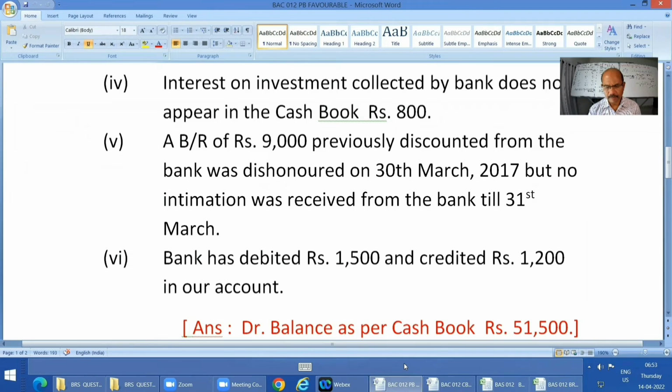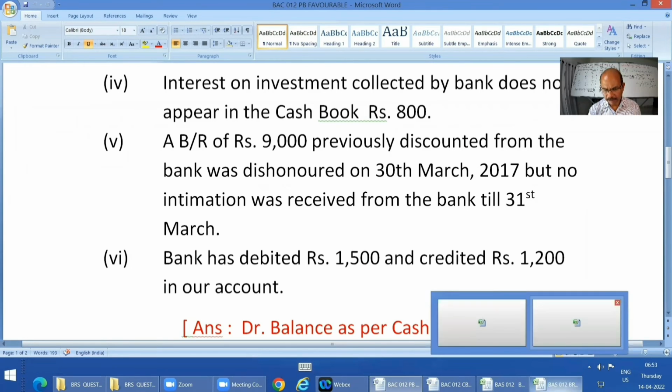Answer is balance as per cash book, favorable 51,500. Let me take up the answer now.